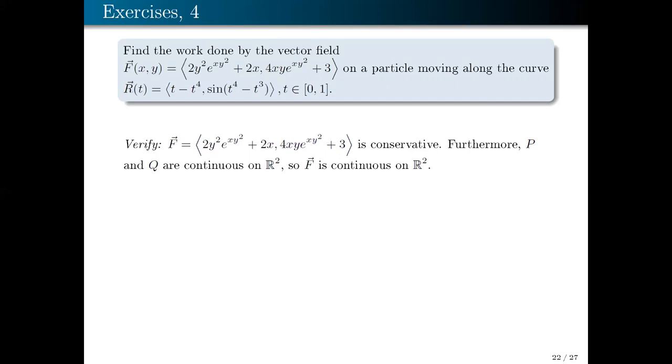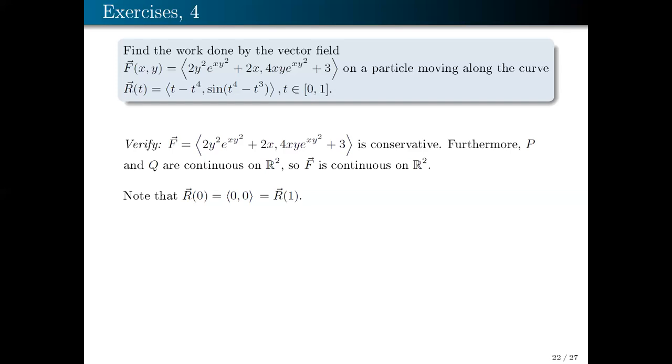Yeah, where will that lead us? Well, it will lead us here. We will have to check first the endpoints of r of t. So now we note that r of 0 is (0, 0). Now, if we consider r of 1, it will also be (0, 0).